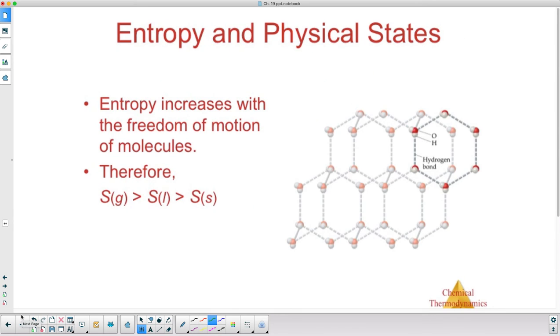Okay, so that's important. So that's why we say, and I was just about ready to say this at the other slide, that the entropy of a gas will always be higher than the entropy of the same substance in liquid form. And the entropy of the liquid form is always going to be higher than the same substance in solid form.